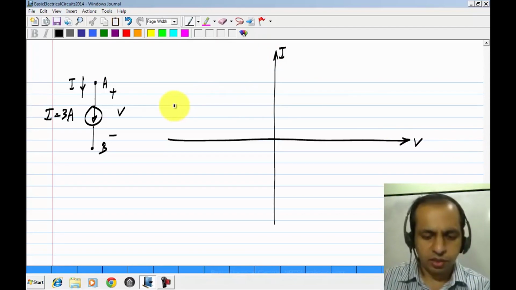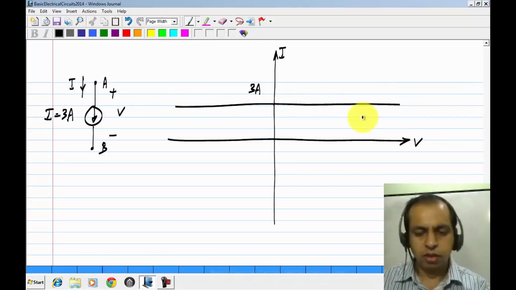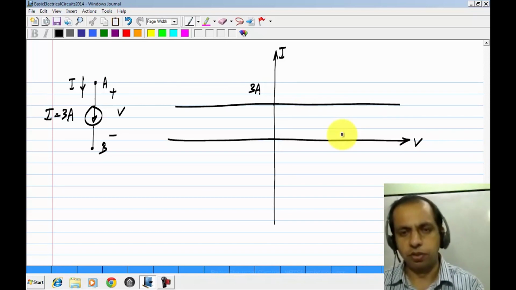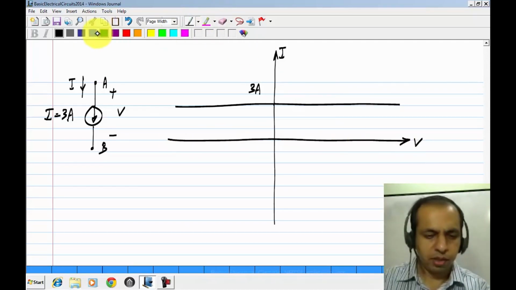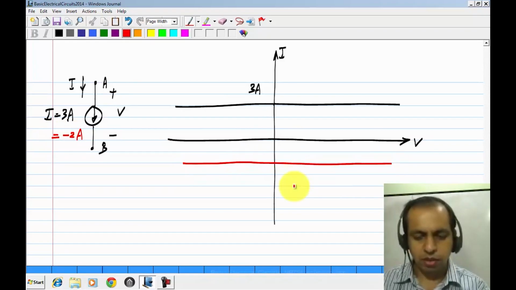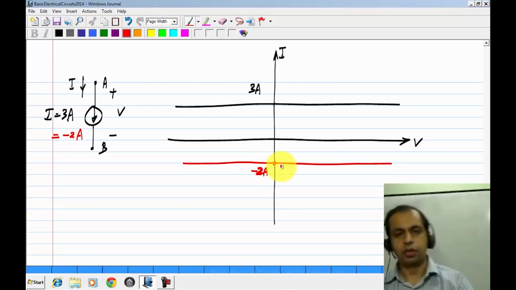So, the characteristic is a horizontal line when drawn on the IV plane. It maintains 3 amperes regardless of what voltage is across it. Similarly, if in another case this happened to be minus 2 amperes, it will be a horizontal line, but below the x-axis where this is minus 2 amperes. So that's what a current source does. It maintains a flow of current.